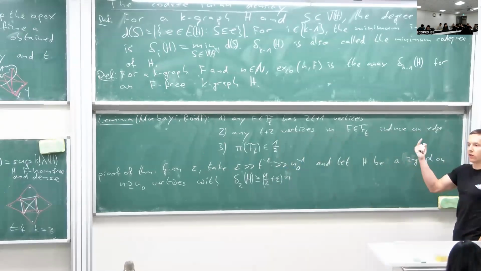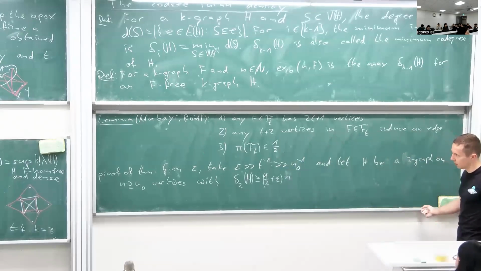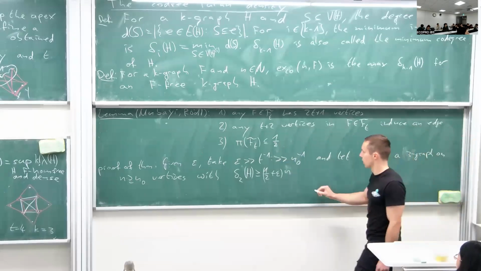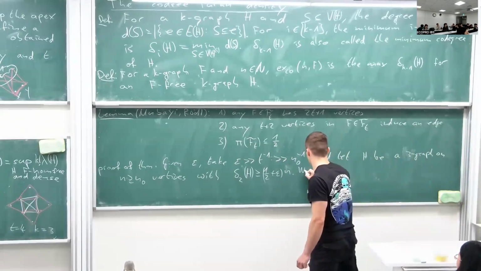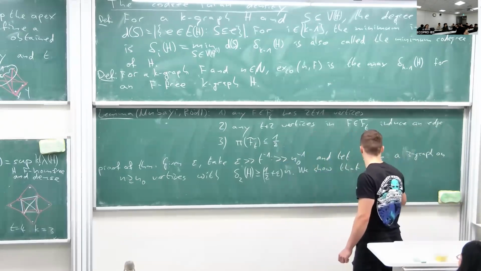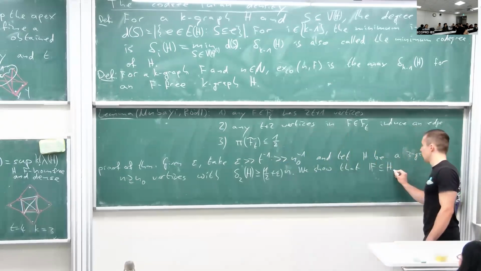Okay, and then we need to show that this H contains a copy of the Fano plane.